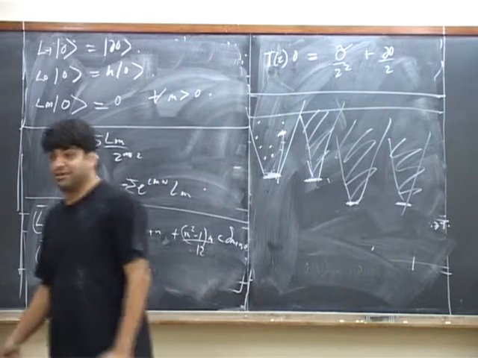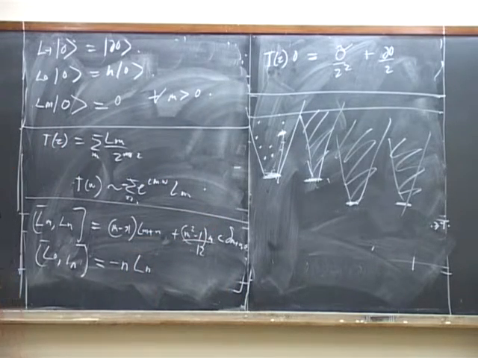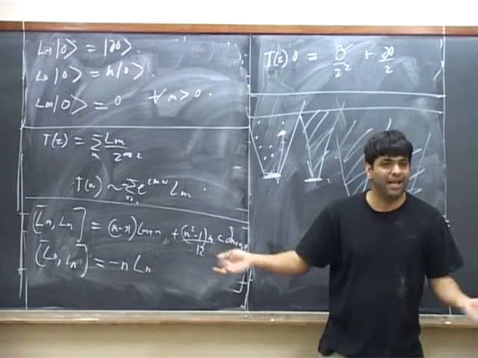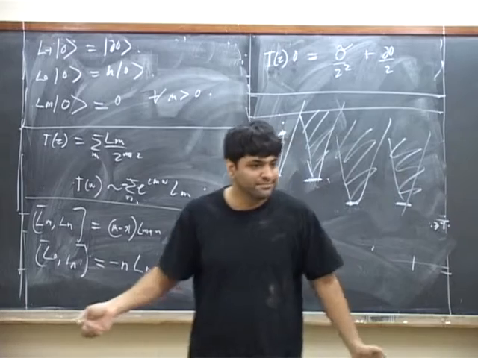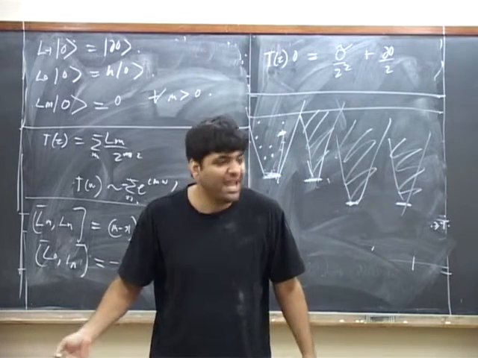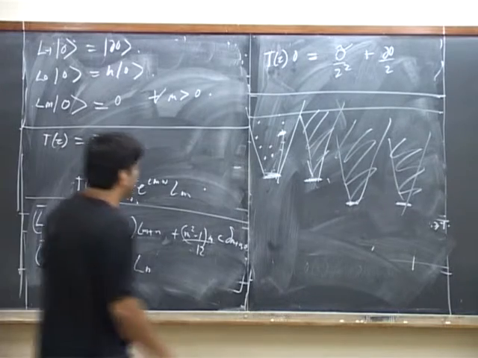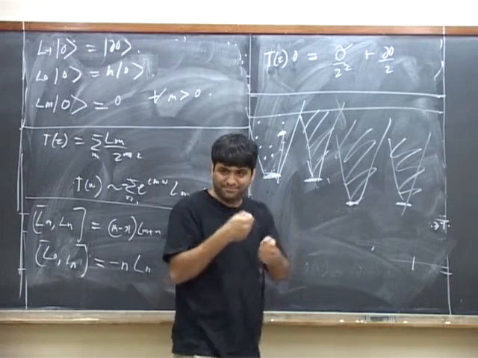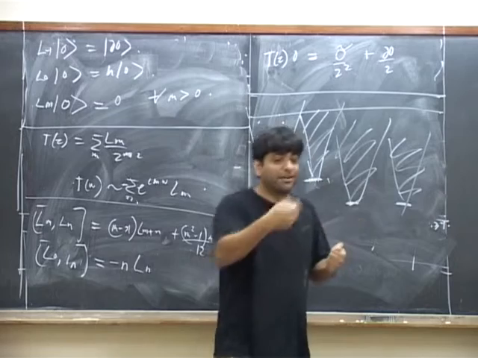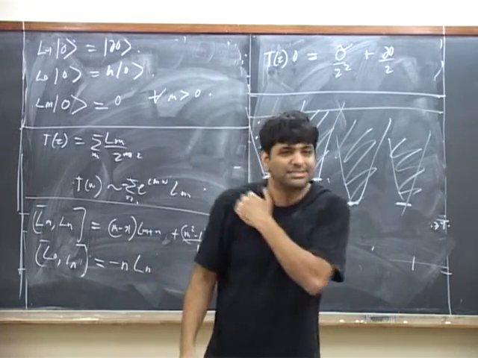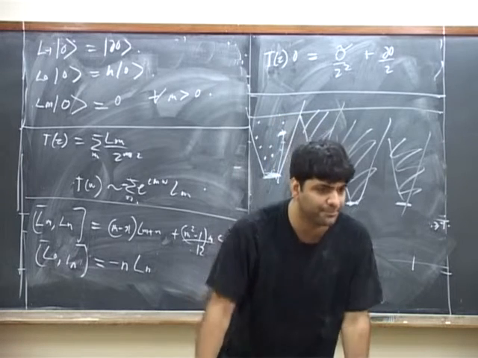So if we were interested, for instance, in finding the full spectrum of the theory, if we knew the spectrum of the primary states, that would be enough. Everything else is done by symmetry. Okay? Some statement like this is also true for correlation functions. If you know the correlation functions of these guys, you can determine the correlation functions of descendants by acting with differential operators, some part of which we discussed.